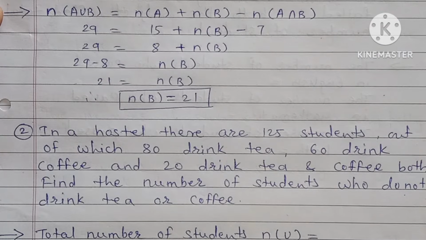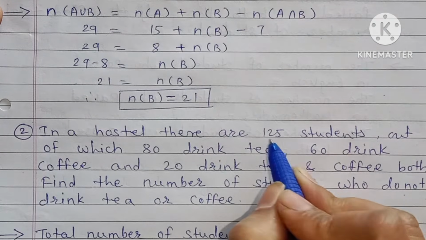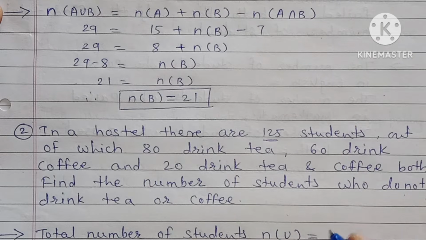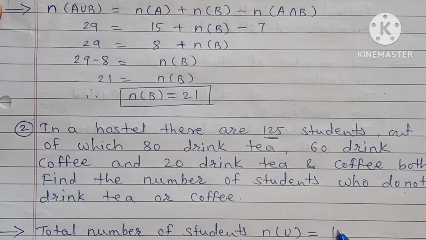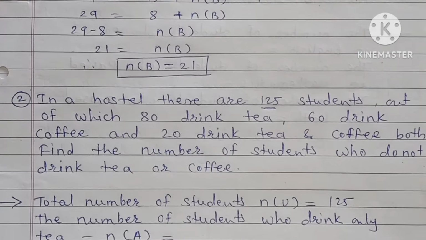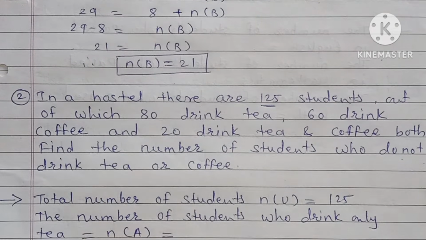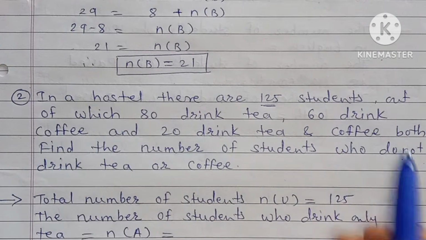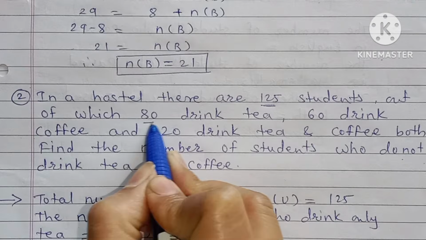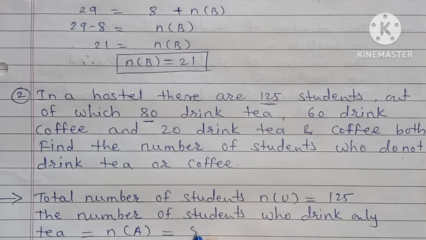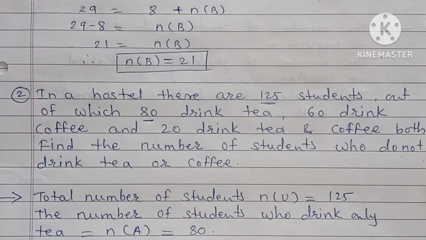Total number of students, n of U. Total number of students are how much? 125. Means total number of students n of U is equal to 125. After that, how many students drink only tea? 80 students. Means n of A is equal to 80.